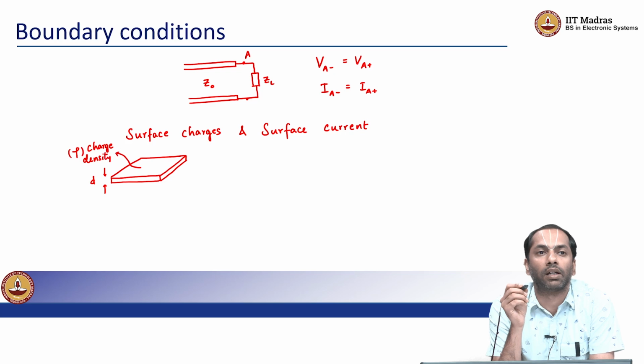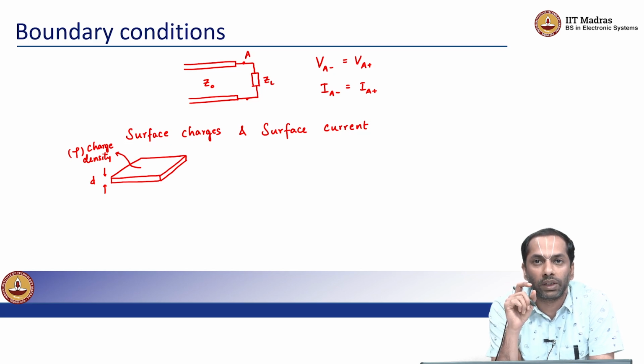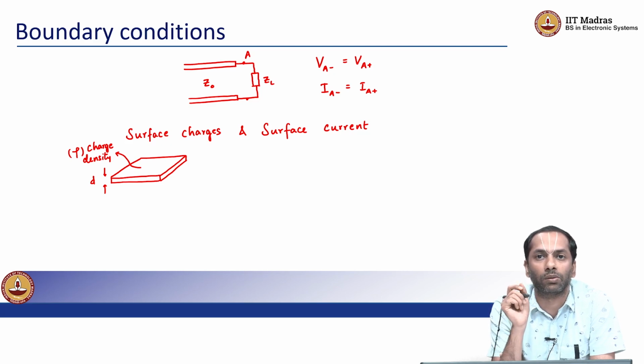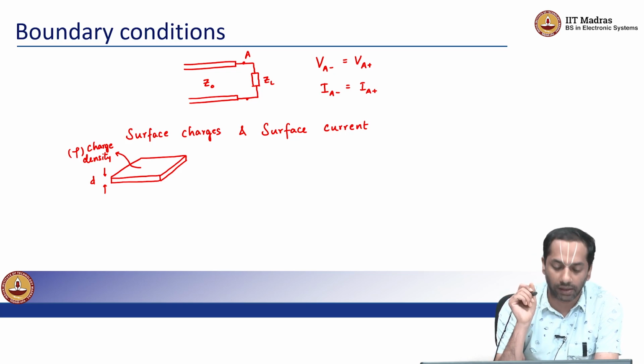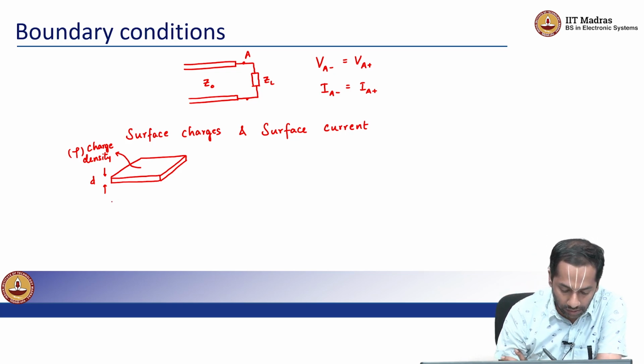And what I do with the thickness of this volume that I am considering, is I am going to slowly shrink that to an infinitesimally small value, and in the limit, the charge that is on a sheet, that is what I call the charge density.